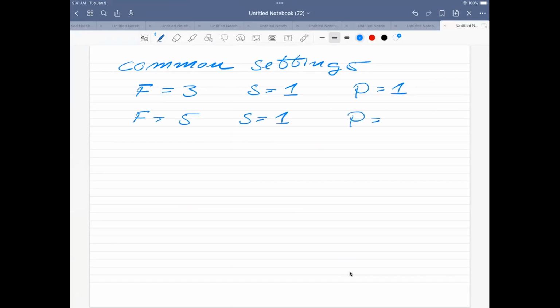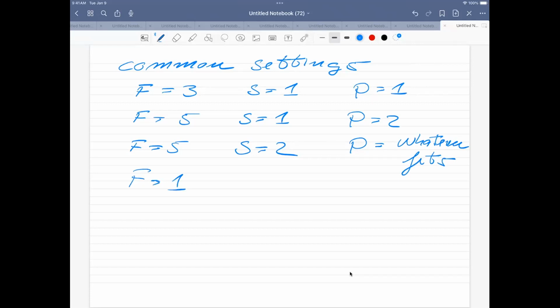These are some of the typical settings. F equal to 5, so a 5 by 5 filter, and a 3 by 3 filter are some of the most commonly used ones. And P, here we can say whatever fits. And then we have an F equal to 1, and then S equal to 1, and then we have 0 padding.